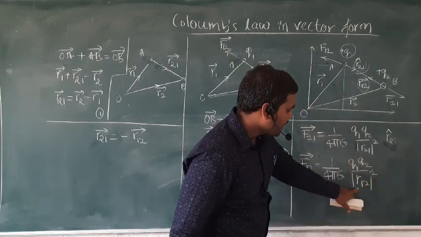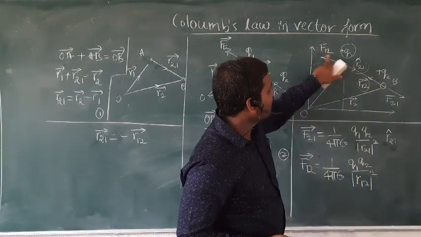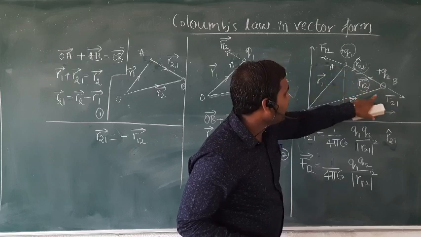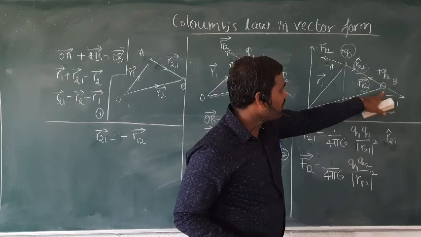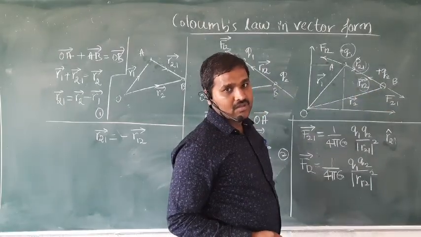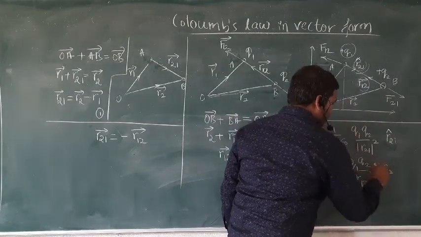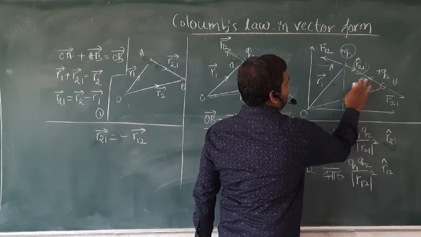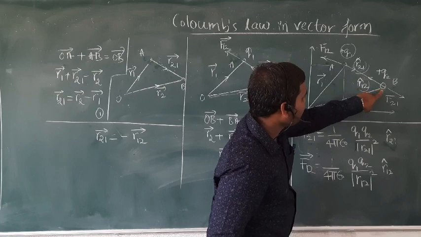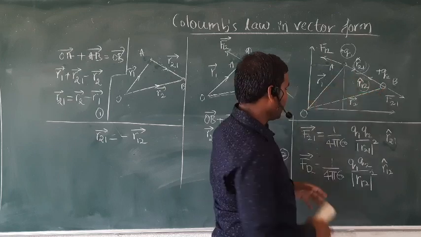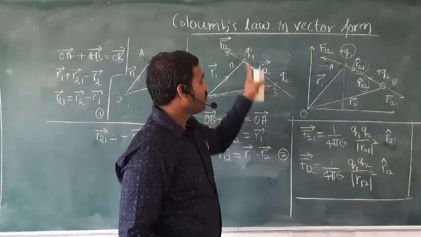Here you can clearly observe that I am writing vector R12, because this force F12 is from B to A, and the direction vector I am writing, R12, is also from B to A. So I multiply the magnitude of this force by the unit vector, which I write as R12 cap. R12 cap is the unit vector directed from B to A. So these are the vector forms of Coulomb's law.